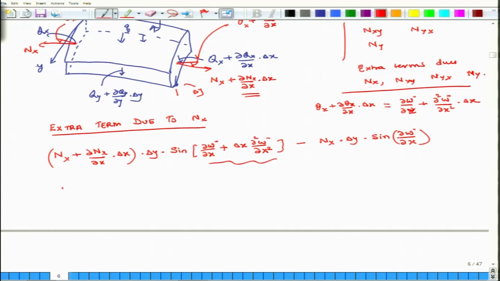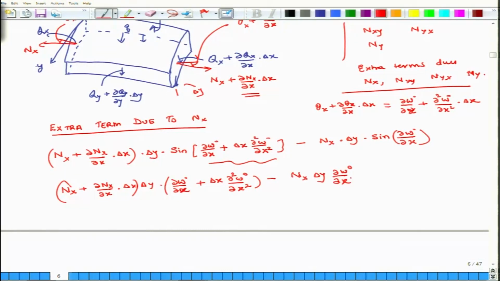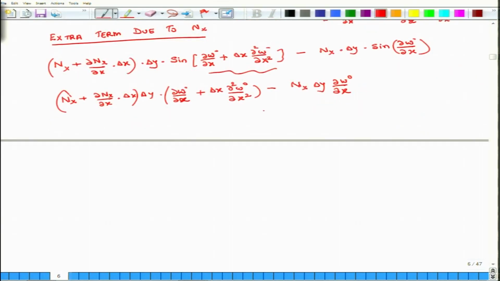So I get nx plus del nx over del x times del x, del y, and then I have plus del x del 2 w naught over del x square minus nx delta y del w naught over del x. Okay. So if I simplify this, what do I get?